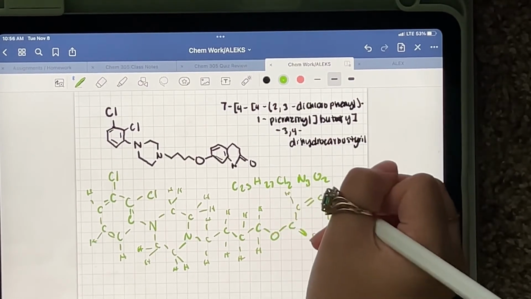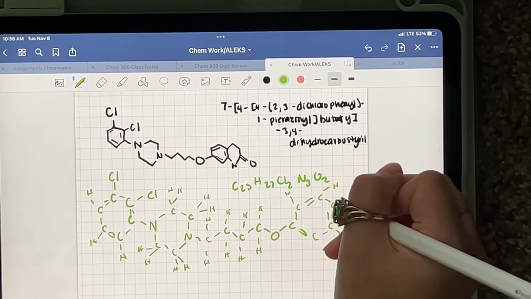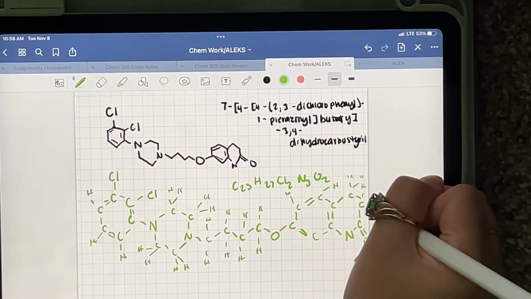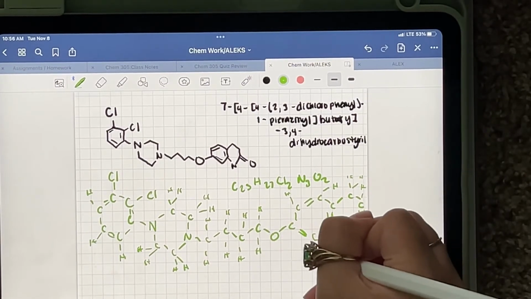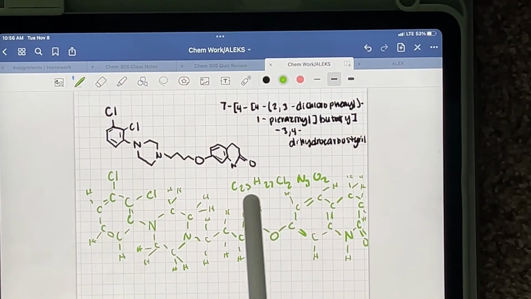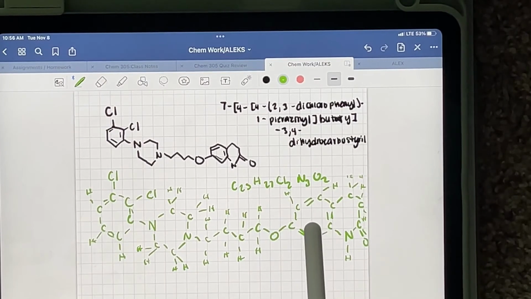So then we have to fill the octet over here too. Hydrogens right here. It's kind of smushed, but yeah. So if you add all the hydrogens up, you get 27 hydrogens, and then adding all the carbons, there's 23, and then there's 3 nitrogens and then 2 oxygens. So that's the first structure, the expanded structural formula, and then we had to add our lone pairs in.